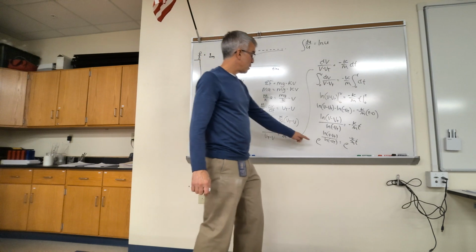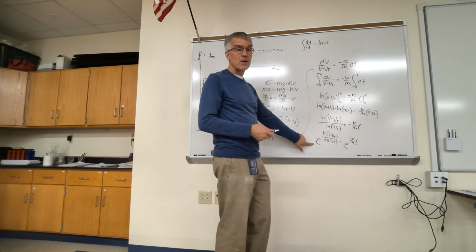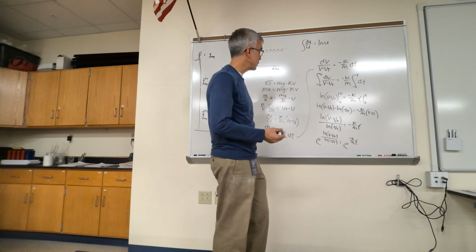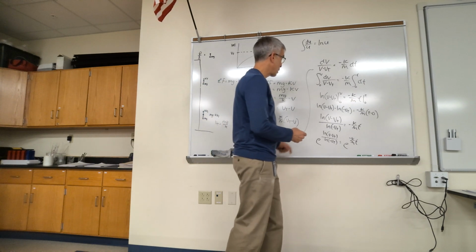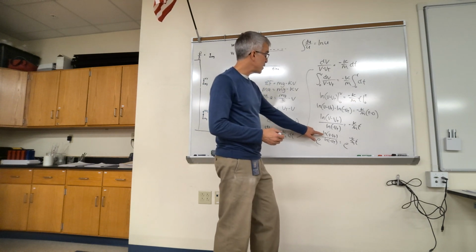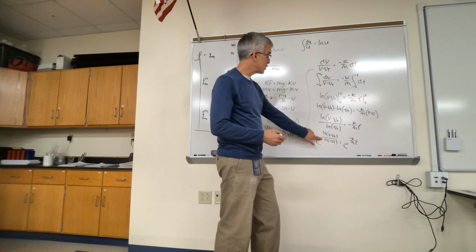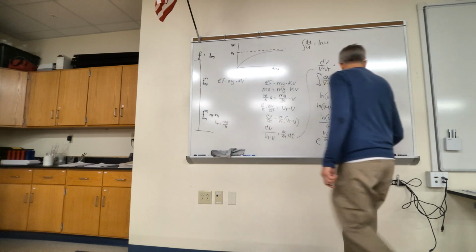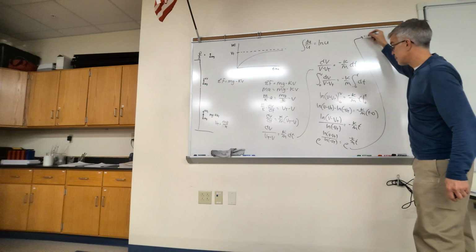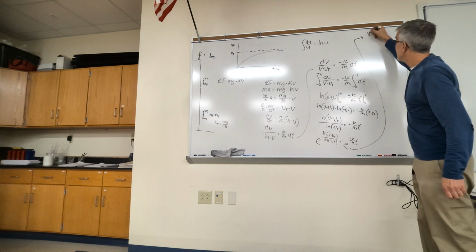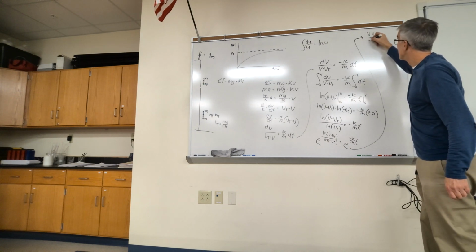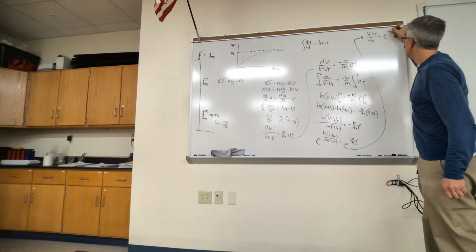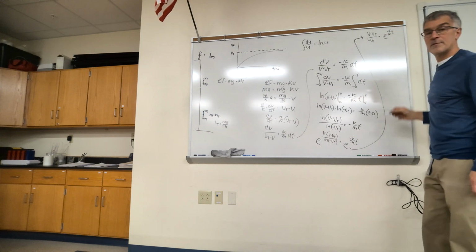Now, e raised to the natural log of x is just x. All right. So on the left-hand side, the e and the natural log kind of go away. Right? So I'm running out of room here, but I'm going to switch up to here. So I have v minus vt over negative vt equals e to the negative kt over m.